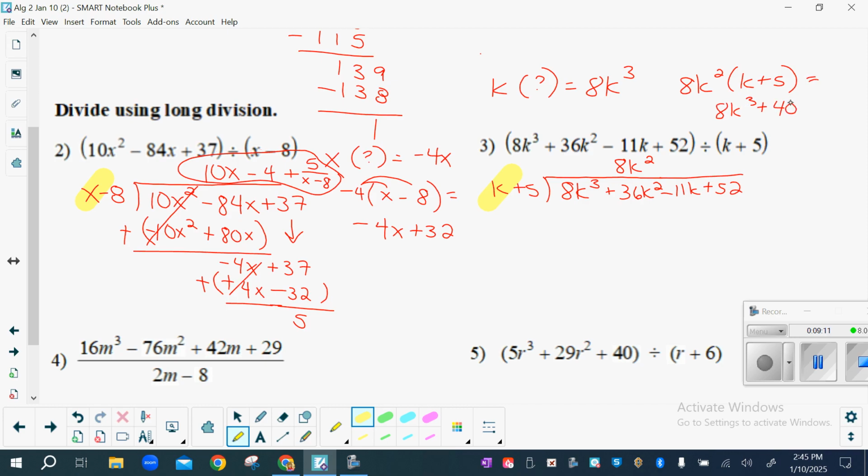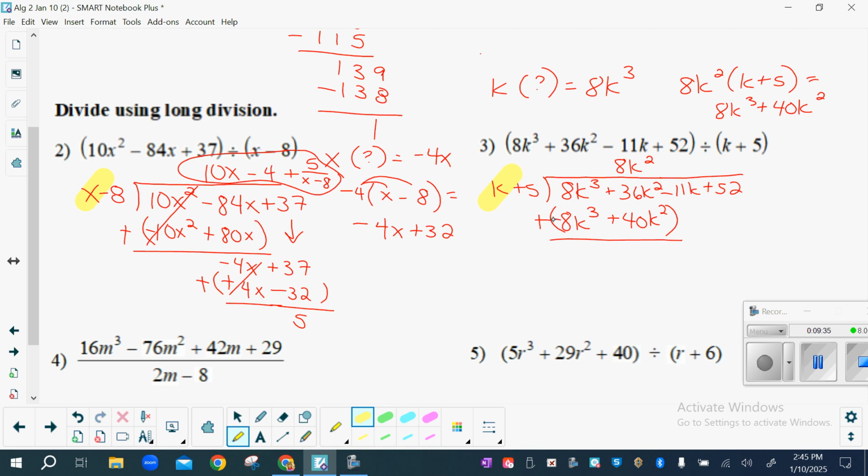Yes. So we subtract. So we want to subtract, so we want to change our signs.